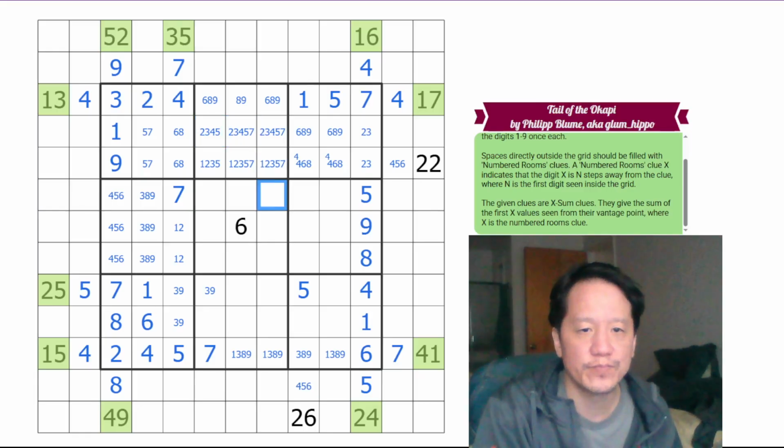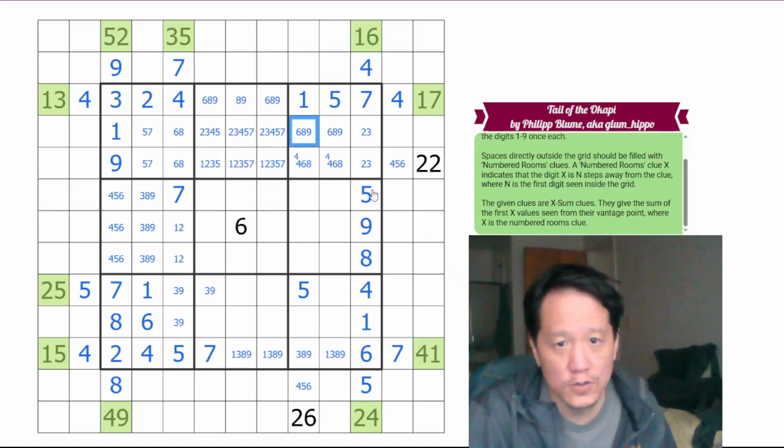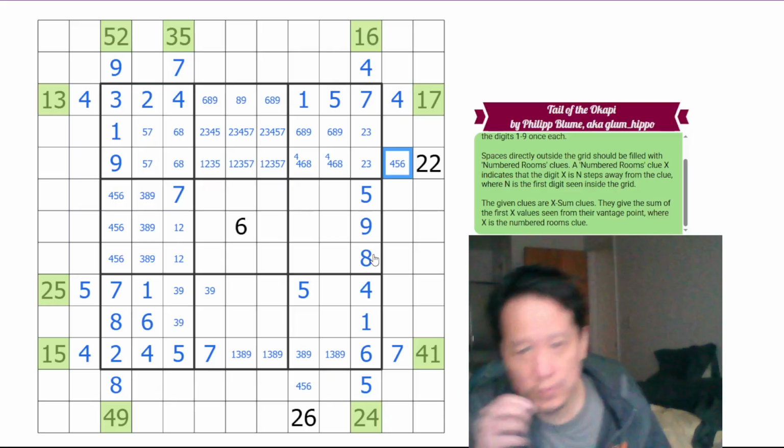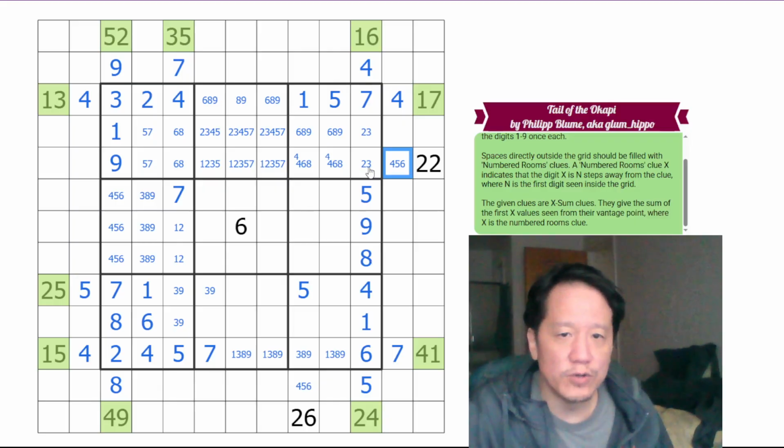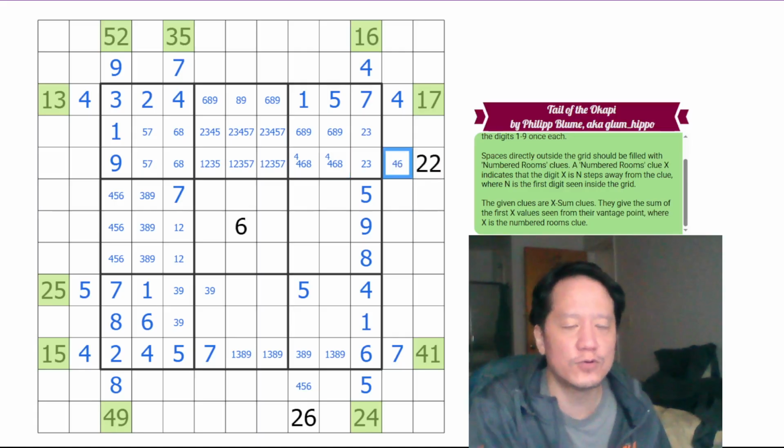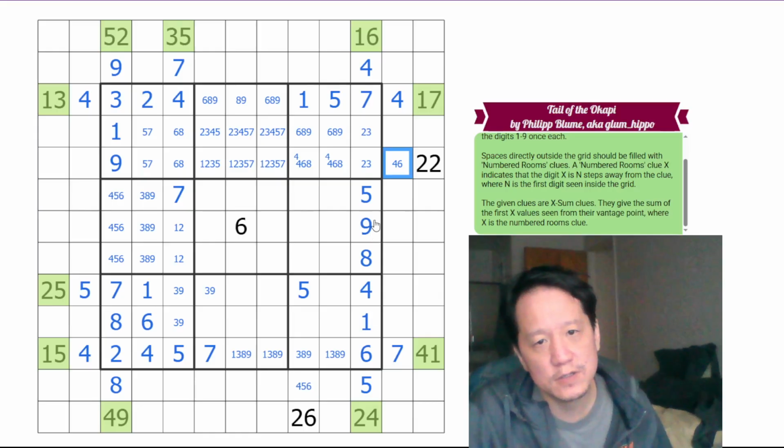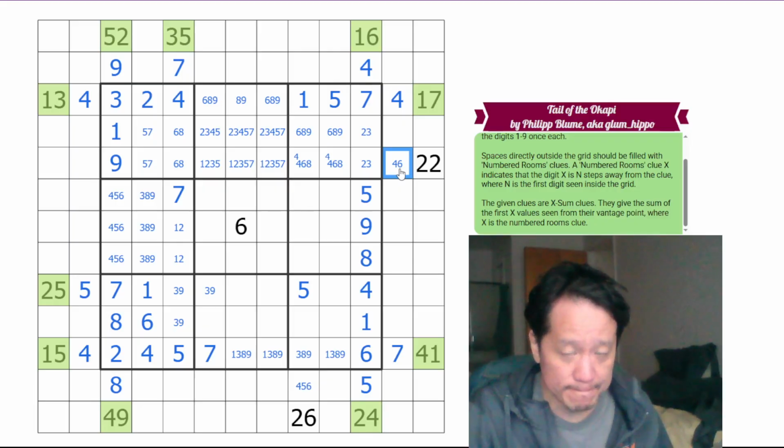Okay. So if this were... Oh, that's interesting. 5 cannot be in positions 2 or 3. So this is either 4 or 6. If this is 4 only, we are guaranteed a 4 here, a 4 here.